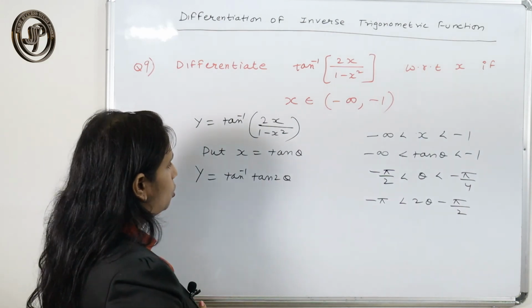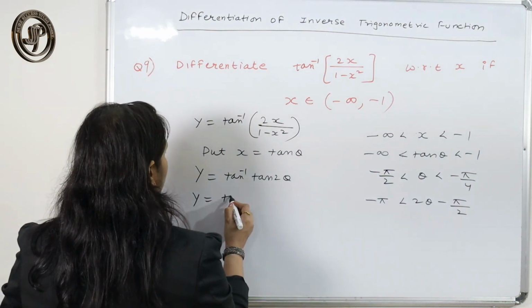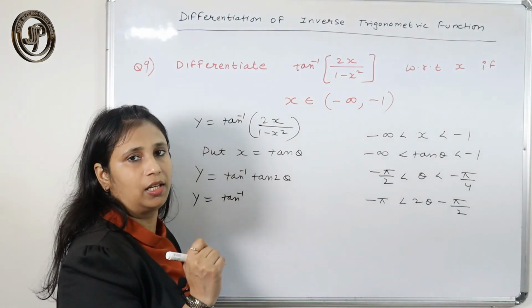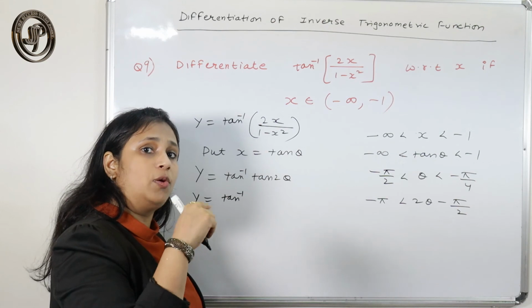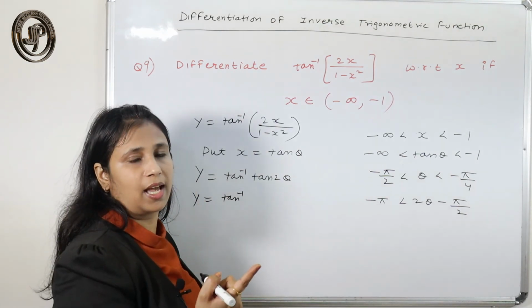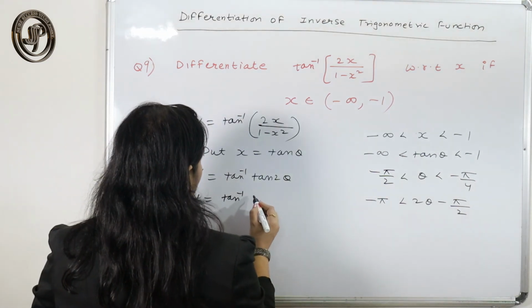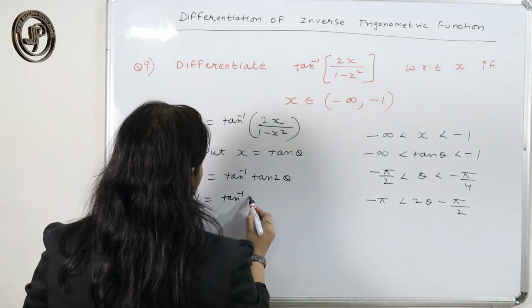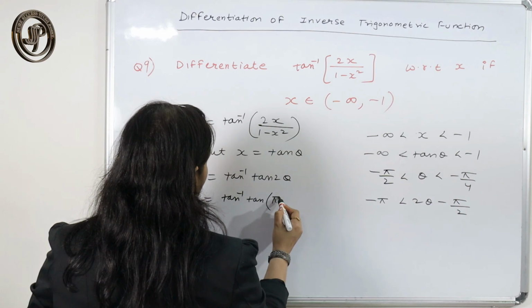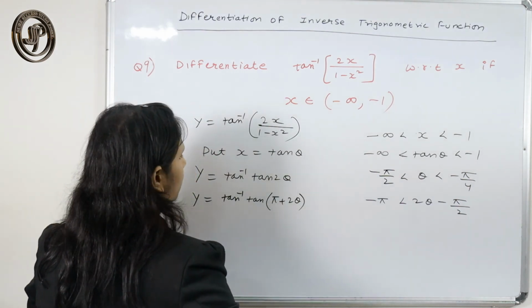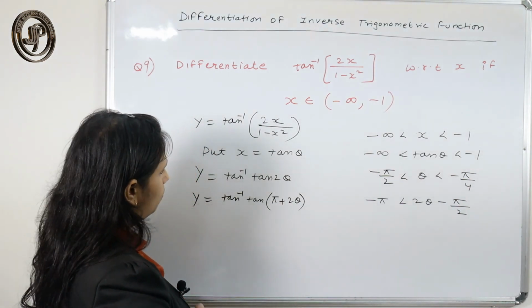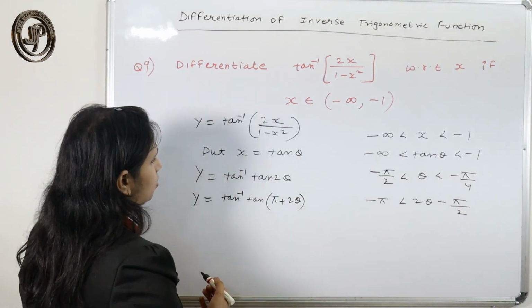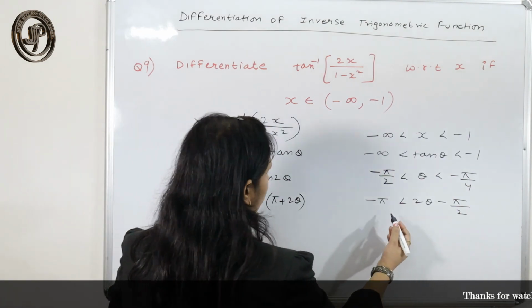So what can we do here? We know that tan of 180 plus theta is tan theta. In sine, 180 minus theta is sine theta. So here can I write tan of pi plus 2 theta? If we do this, what will this become? Just check pi plus 2 theta with the range.